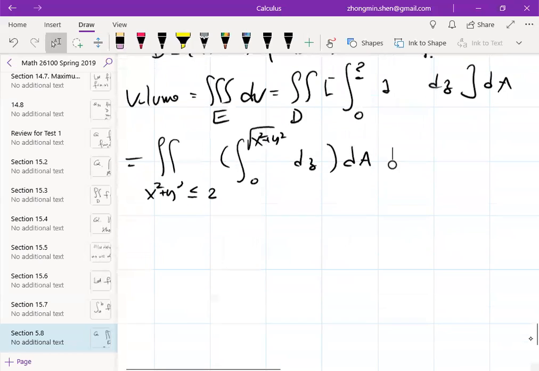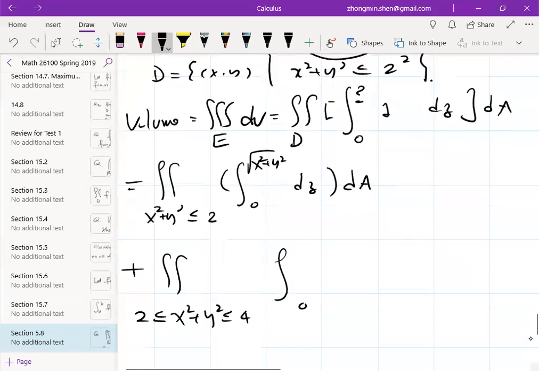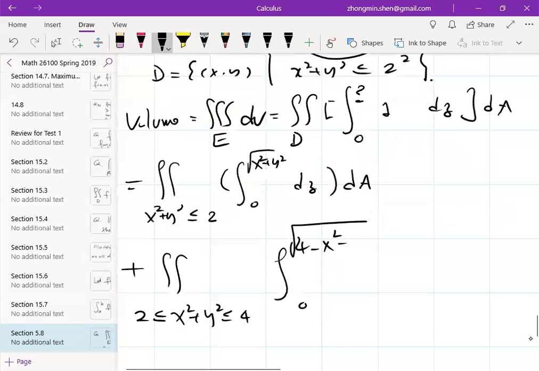Then for the part where r is between the square root of 2 and 2, z is actually bounded above by the sphere, not the cone. The sphere gives the square root of 4 minus x squared minus y squared. So this is the different part.